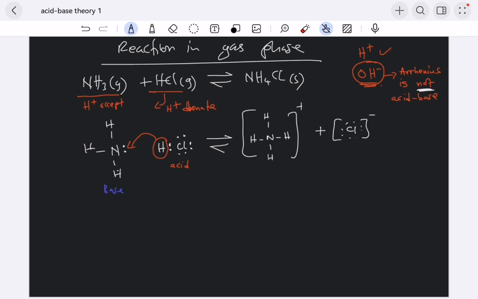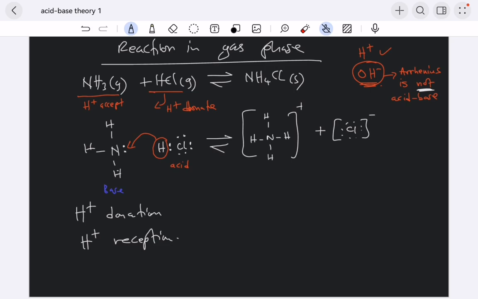But according to Bronsted and Lowry, this is equally an acid base reaction. Why? Because there is H positive donation and then there is H positive reception. This is what comprises an acid base reaction.